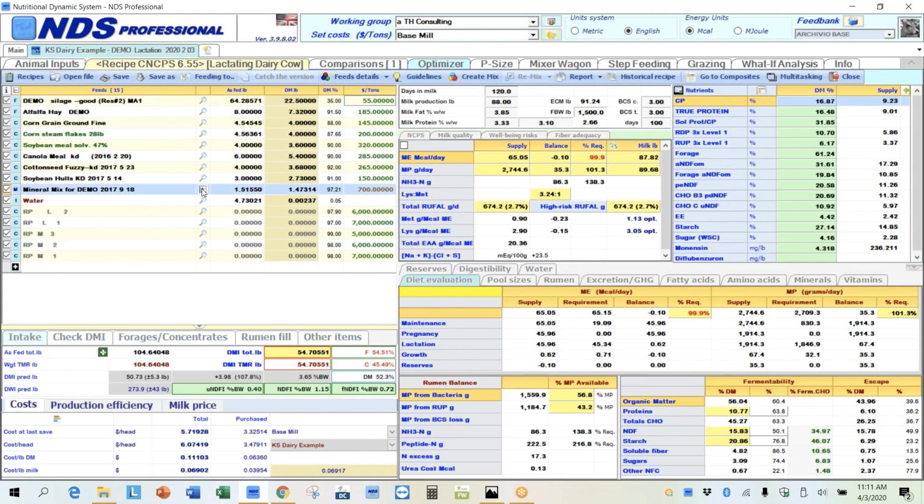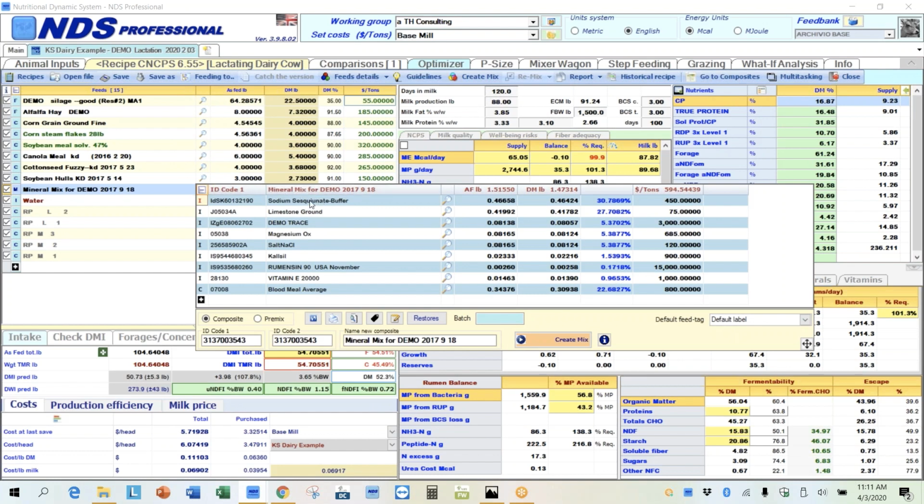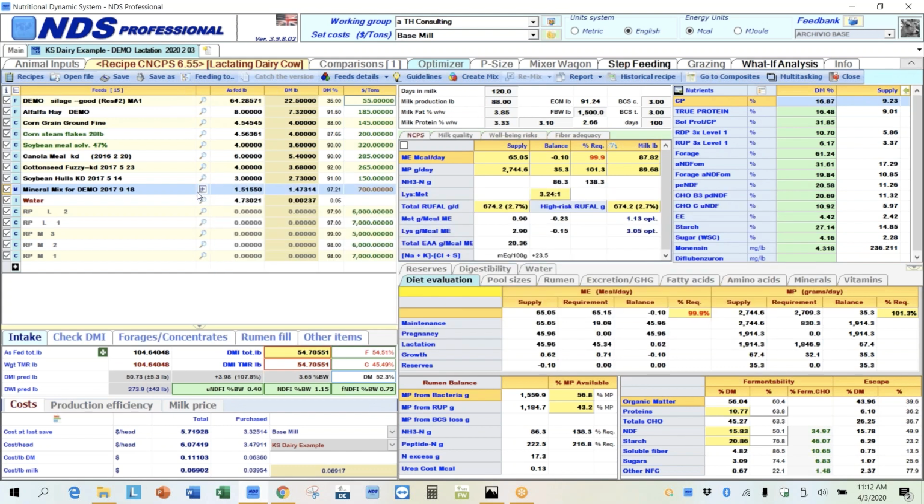I can open it up, you can take a look here, some different traces, a little bit of RUM&N, blood meal. This was one I just pulled out of a dairy. And so you can see there's average blood meal in there, and it's about 1/3 of a pound.